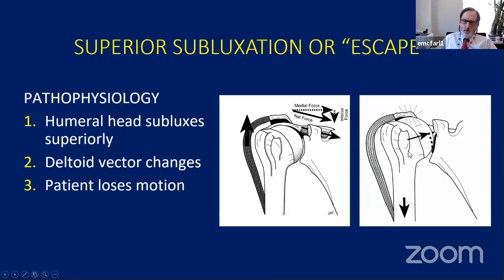It pulls the humeral head in this direction. As a result, the patient loses motion, or if they can still elevate, it's oftentimes very painful. So this superior escape pattern is made worse by releasing the coracoacromial ligament, but it also happens if you tear just enough of your rotator cuff, and your shoulder just doesn't work.